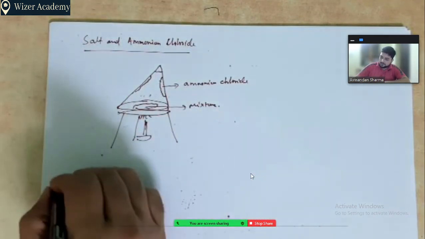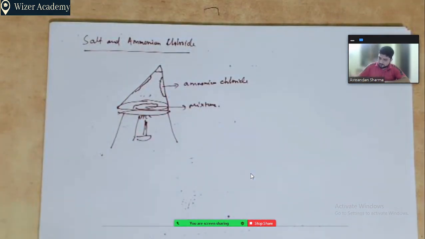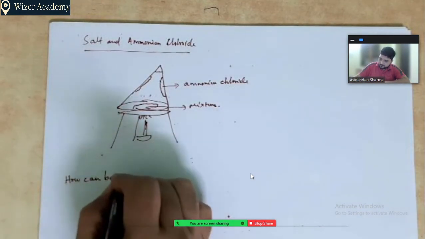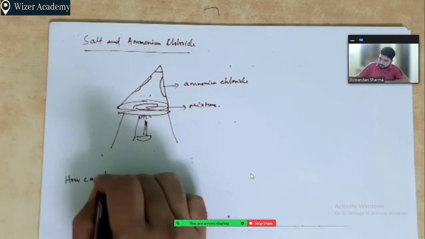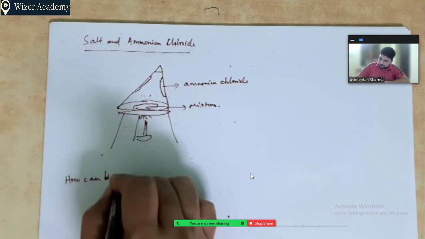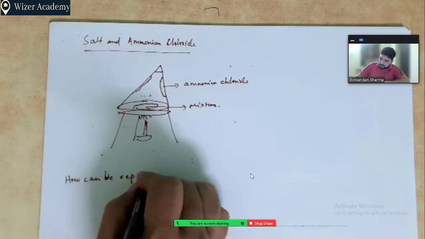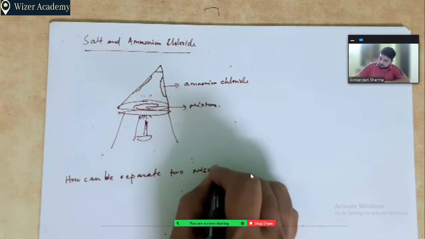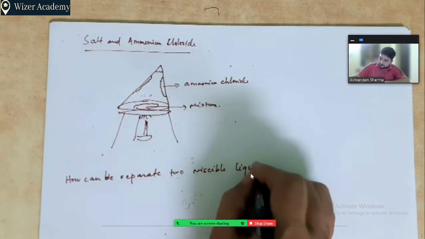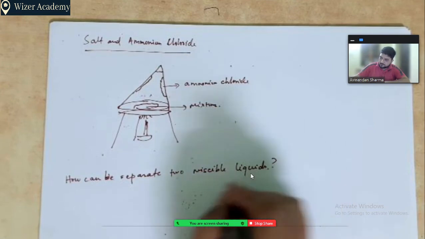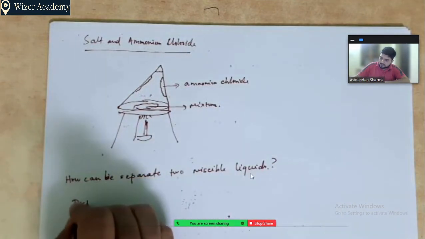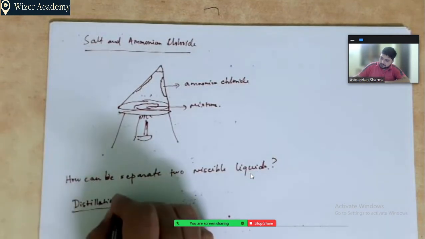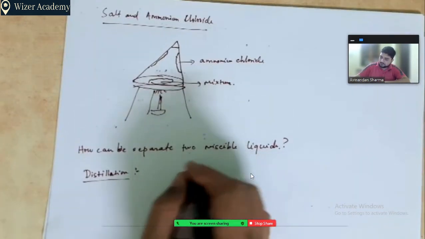Next is, how can we separate two miscible liquids? It is done by the process of distillation. Let us write down what exactly distillation is.